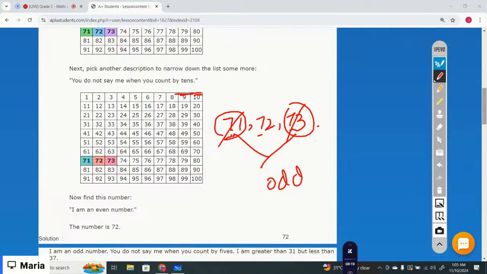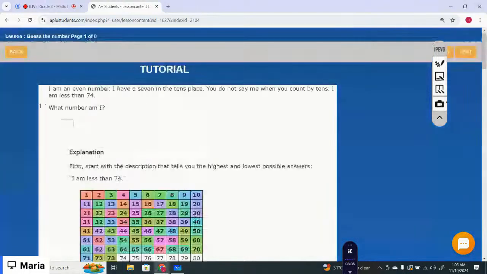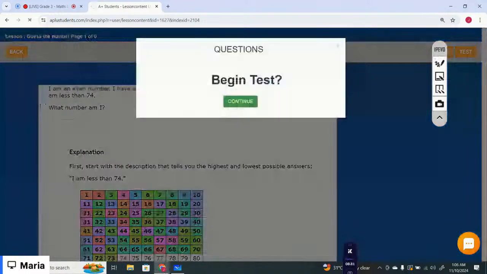Got it? 72 it is. So that's how you need to read the question one by one, apply the restrictions, and find the required number, right? Let's just start with the test questions. You can have a look at the tutorial by yourself later today.